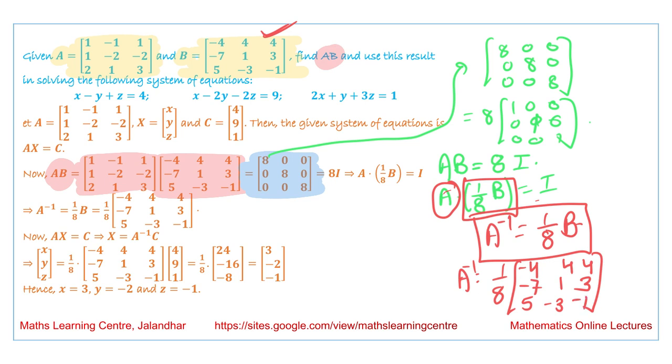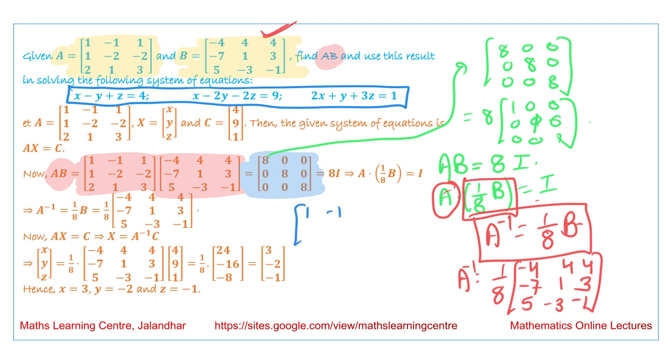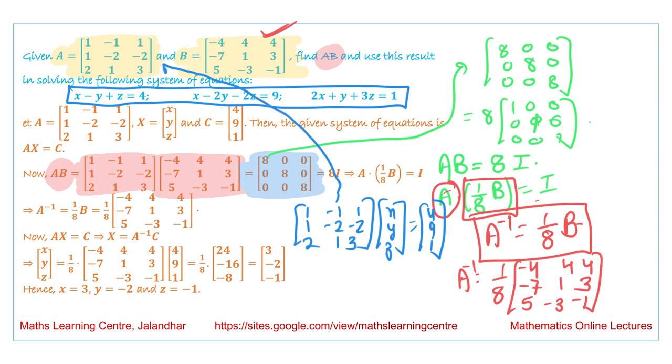Now we have to solve this system of equations. If we write them in the matrix form, it is 1, minus 1, 1, 1, minus 2, minus 2, 2, 1, 3, into x, y, z, that is equal to 4, 9 and 1. Now compare these two matrices. This is just the matrix A, so we have AX is equal to B. A is invertible because A inverse exists.